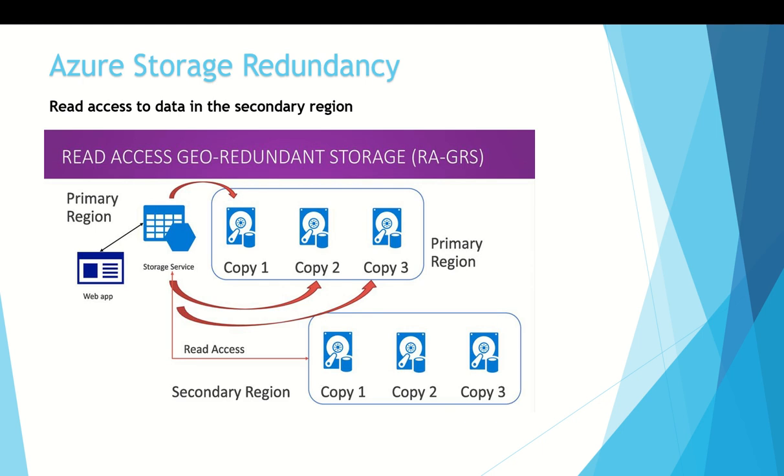Within an account configured for GRS or GZRS, data in the secondary region is not directly accessible to users or applications unless a full failover occurs. The failover process updates the DNS entry provided by Azure Storage so that the secondary endpoint becomes the new primary endpoint for your storage account. During the failover process, your data is inaccessible. After the failover is complete, you can write data to the new primary region.